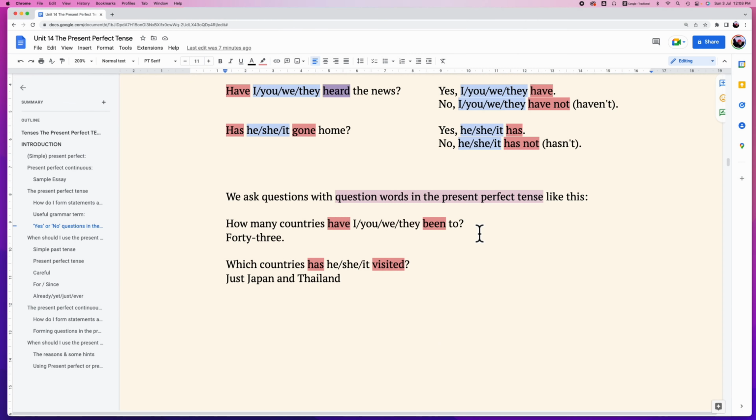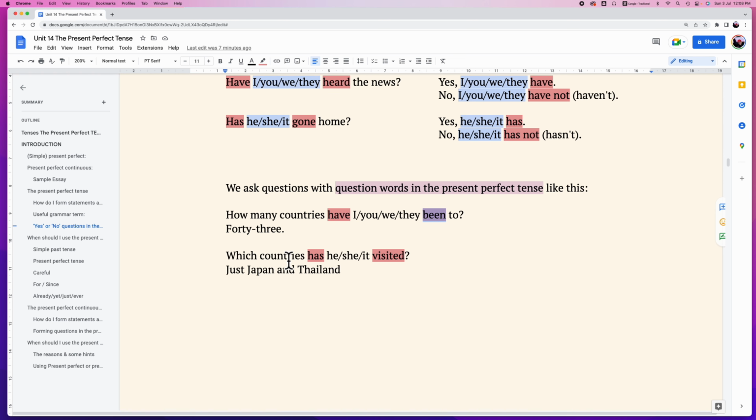How about asking questions with other question words? Let's take a look. We ask questions with question words in present perfect tense like this. Question word how: how many countries have you been to? 43.